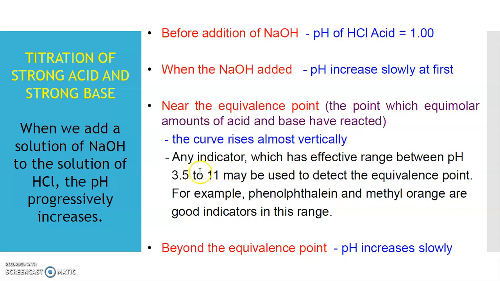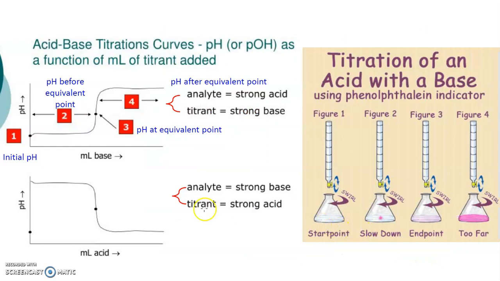Any indicator which has an effective range between pH 3.5 and 11 may be used to detect the equivalence point, for example phenolphthalein and methyl orange. Beyond the equivalence point, the pH increases slowly. For example, the first point that you need to write down is the initial pH.